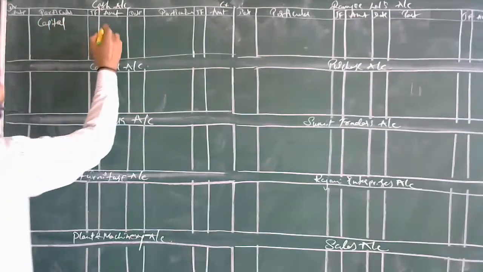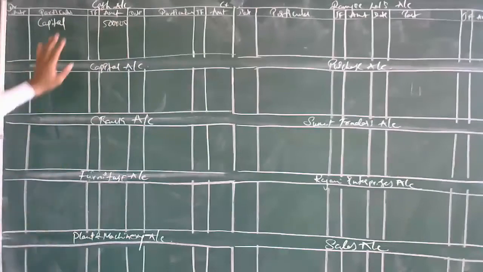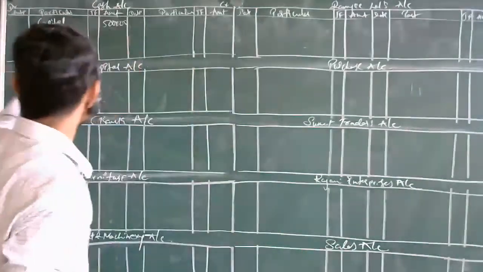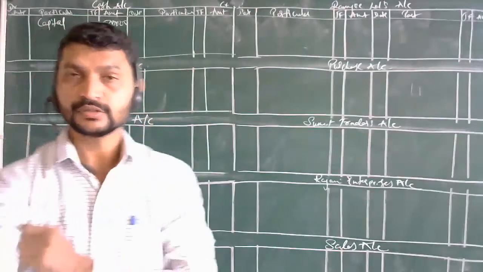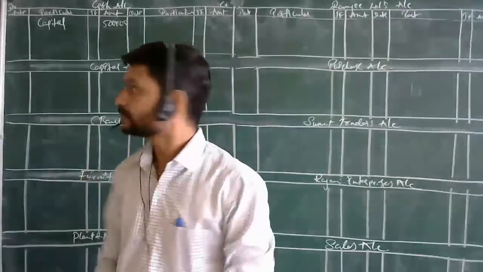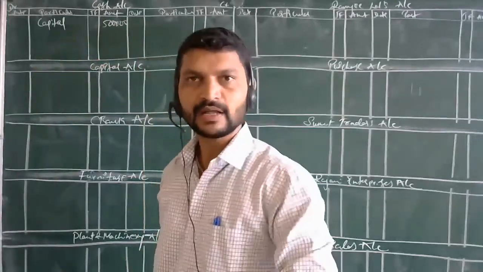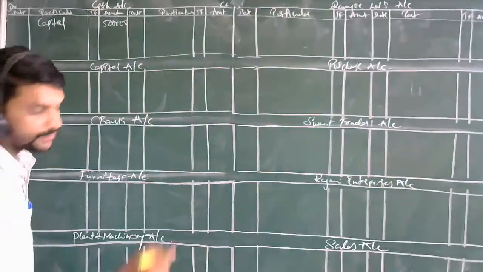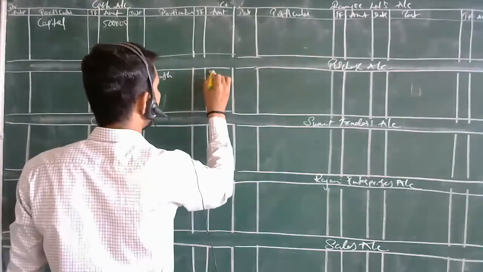How much? 5 lakh capital, which is in cash. Cash account is debited, right? So on the debit side, you write capital. In the journal entry, cash account debit, to capital account. The capital account you are going to credit over here. What is the amount? 5 lakhs.